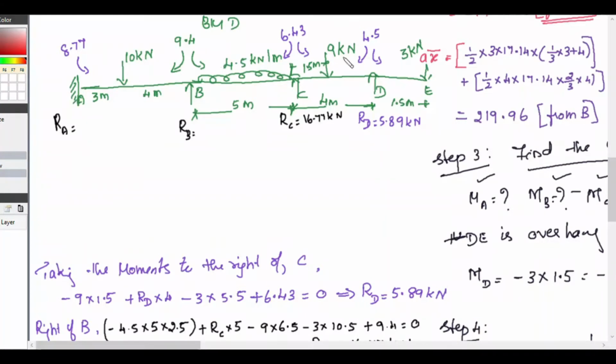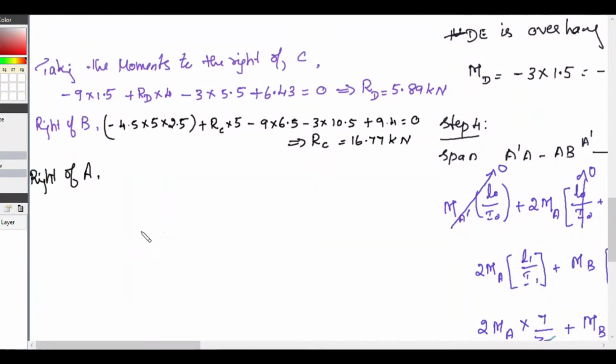this distance minus 9 into this distance. This gets cancelled, this gets cancelled, plus RD into this distance minus 3 into this distance plus 8.77 is equal to 0.